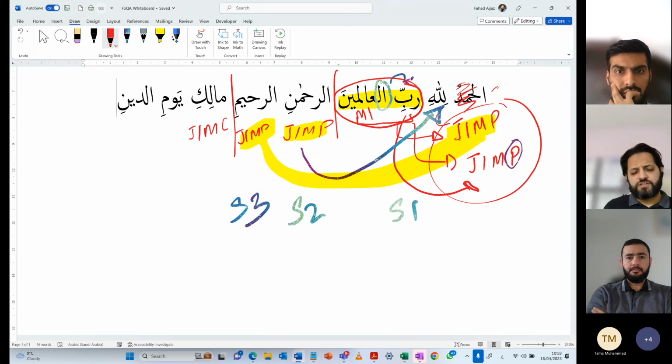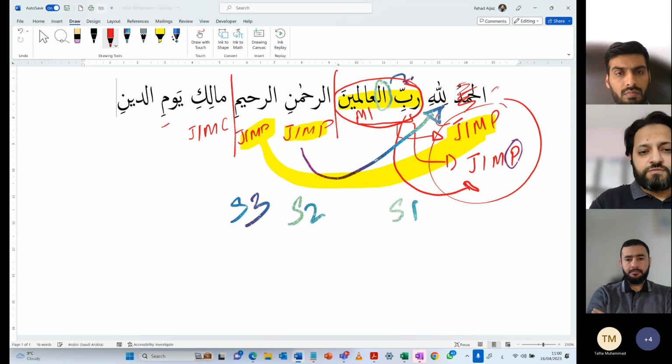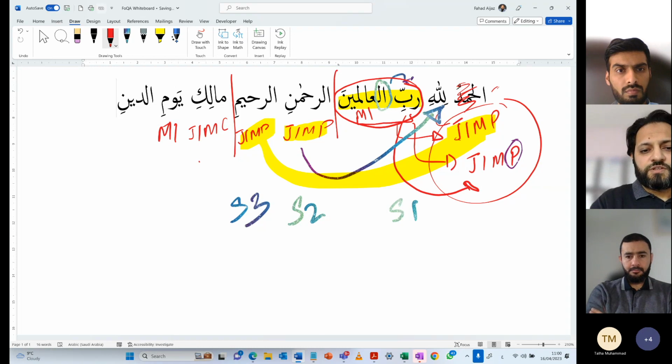When I'm assuming it's a mudaf, immediately after I should find what? Mudaf ilay. Do I have mudaf ilay? Yawmi, which is an ism that must be in jar. So I found mudaf ilay. This is mudaf and Yawmi is mudaf ilay.